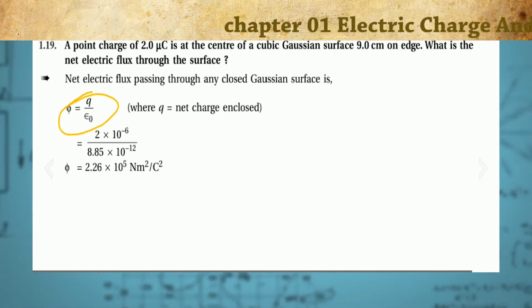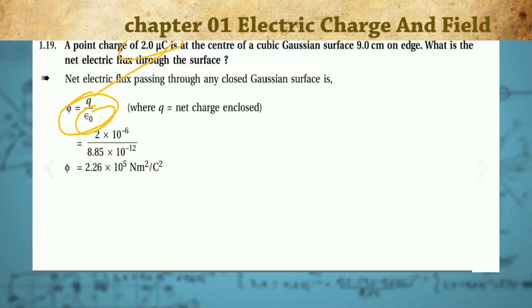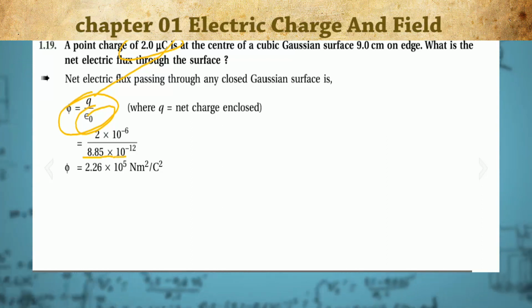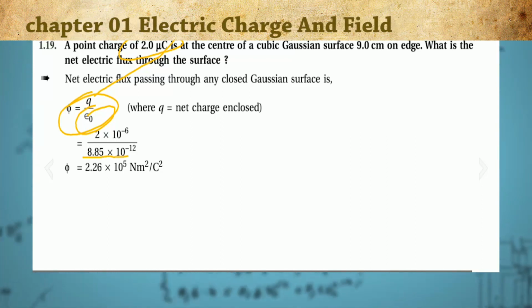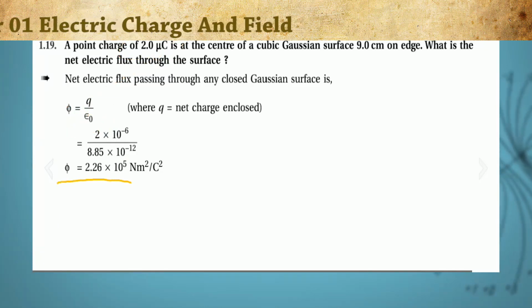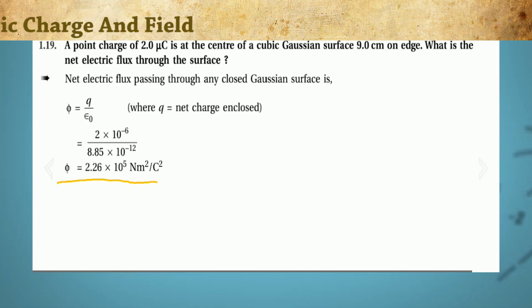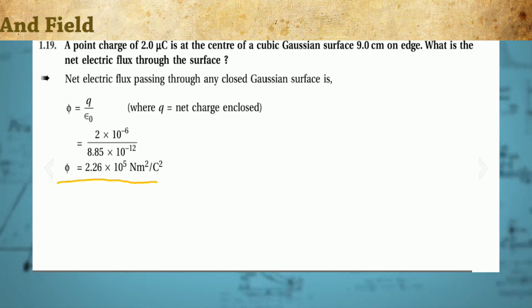The value of q is 2 microcoulomb, and epsilon 0 you know very well, 8.85 into 10 raised to minus 12. After calculation you get the answer. Very easy question, use normal things. Phi is equal to sigma q by epsilon 0.